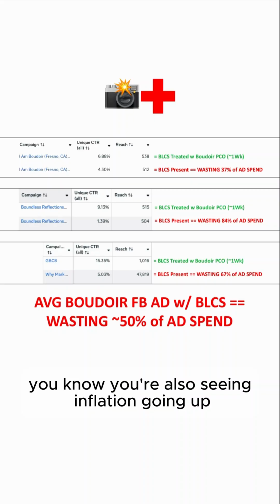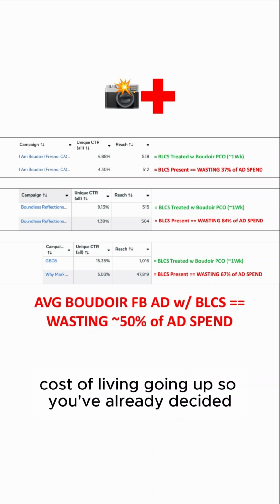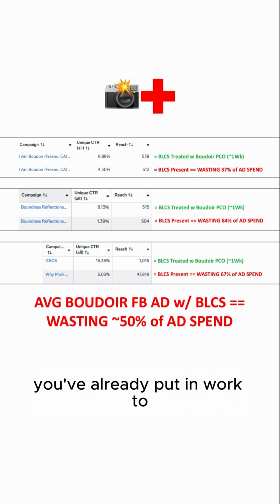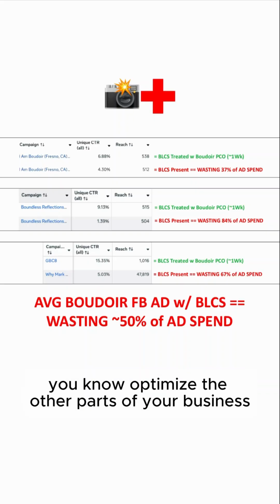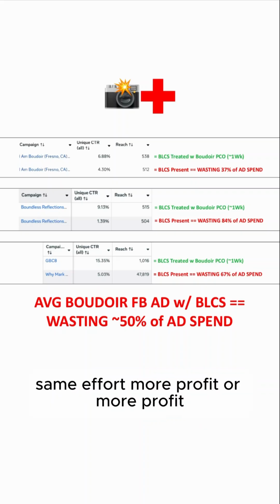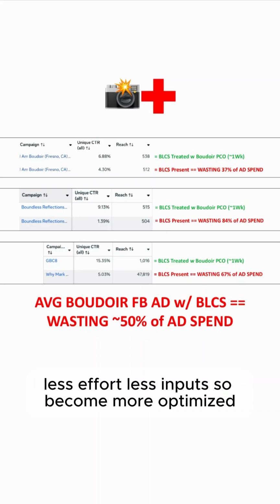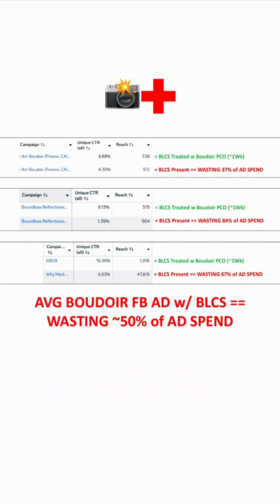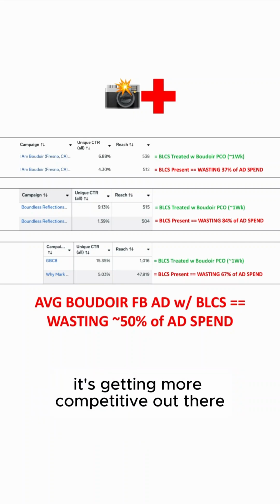And you're also seeing inflation going up, cost of living going up. So you've already decided, you've already put in work to optimize the other parts of your business, pull some profit out there, same effort, more profit, or more profit, less effort, less inputs. So becoming more optimized because you're seeing it's getting more competitive out there.